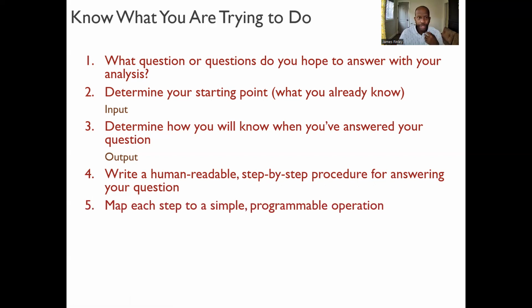Once you have those steps written in a form that's human readable, that seems to be logical, then you can start thinking about how to map those steps to programmable operations, right? So in other words, okay, if I need to do a certain procedure multiple times, do I need to write that as a for loop, or might I need to define a function that I can call repeatedly? Do I need to use conditional statements, right? Run one set of code if a certain condition is true, and then run another set of code if that condition is not true, for example.